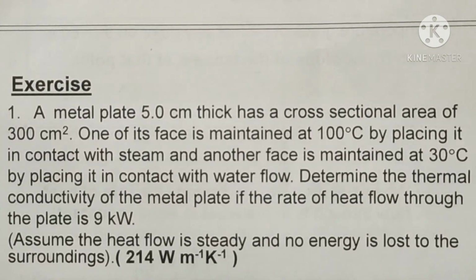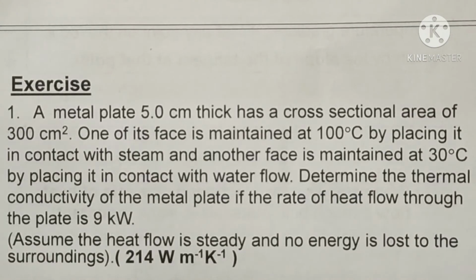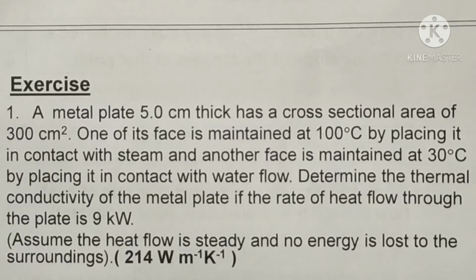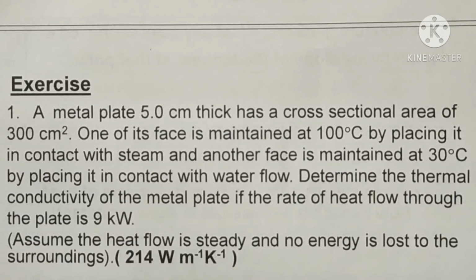Let us come to our comfort zone by answering this question. A metal plate 5 cm thick has a cross-sectional area of 300 cm square. One of its faces is maintained at 100 degrees Celsius by placing it in contact with steam. Another face is maintained at 30 degrees Celsius by placing it in contact with water flow.